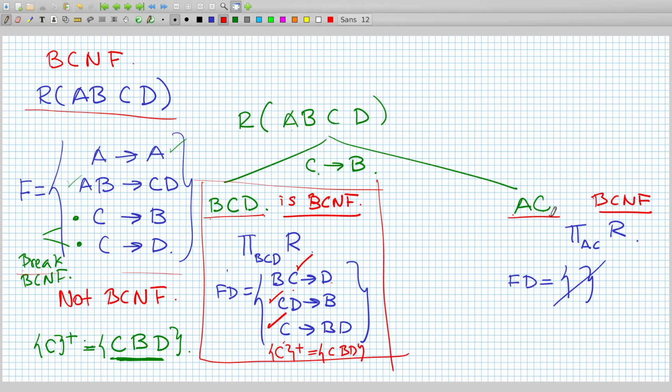So the next question is this: is this decomposition functional dependency preserving? Okay. Given the functional dependencies BC implies D, CD implies B, C implies BD, can I create all the functional dependencies of the original relation and vice versa?